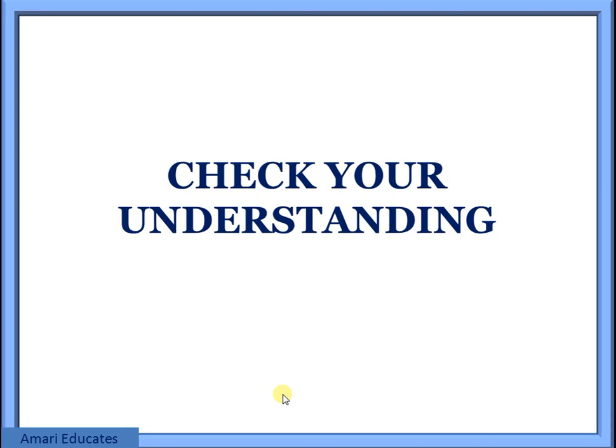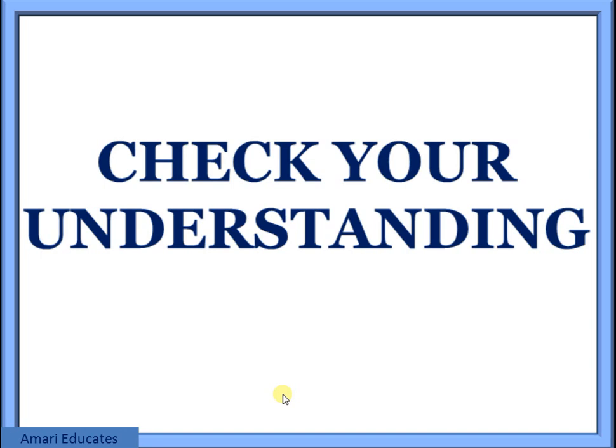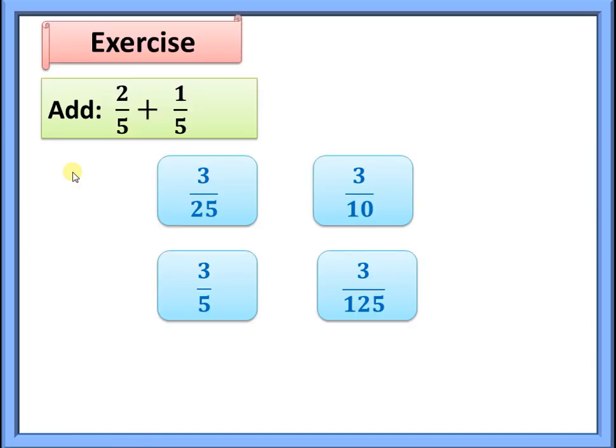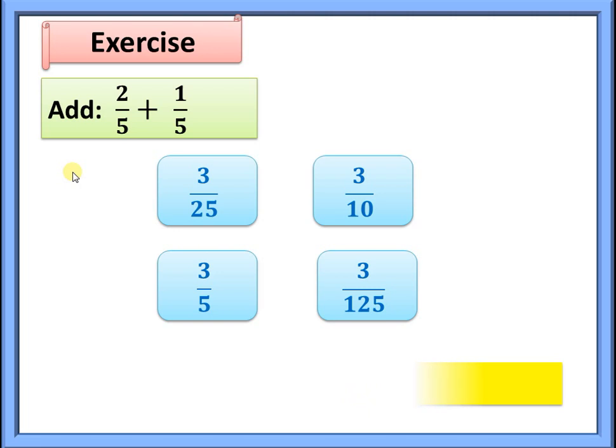At this time, what we're going to do is to check if you understood the lesson. Let us check your understanding. Okay, add 2 over 5 and 1 over 5. Timer starts now. Time is up. The answer is 3 over 5.